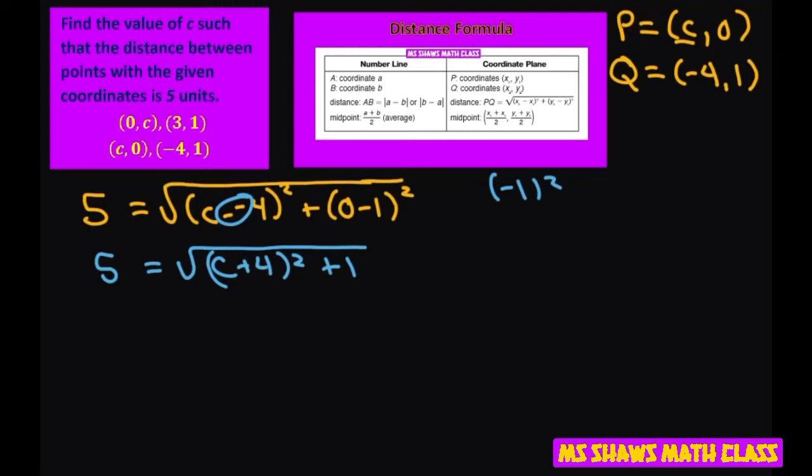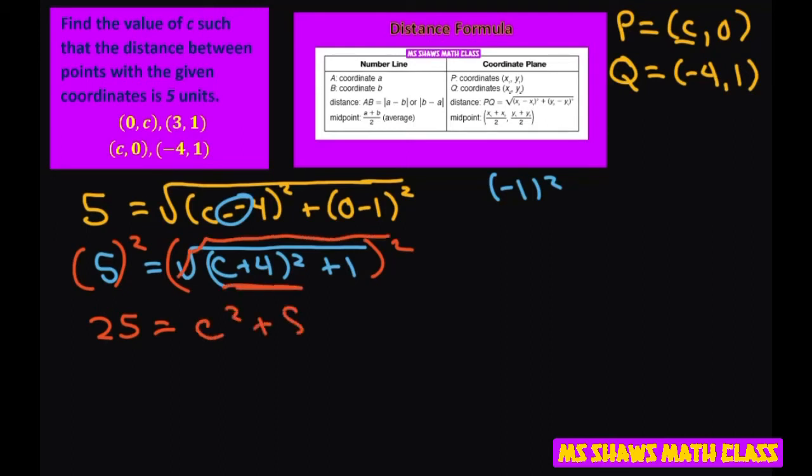Now let's do a few steps at the same time. Square both sides. So you get 25 equals, and to square the square root, this means that goes away. Let's expand that. That's going to be c squared plus 8c plus 16. Then you have your plus 1.